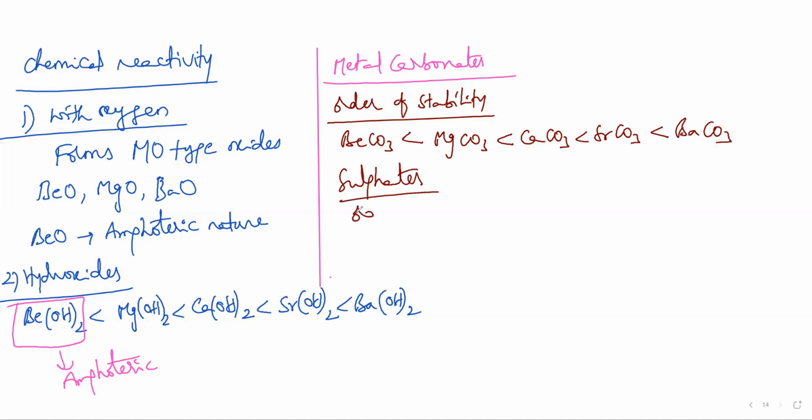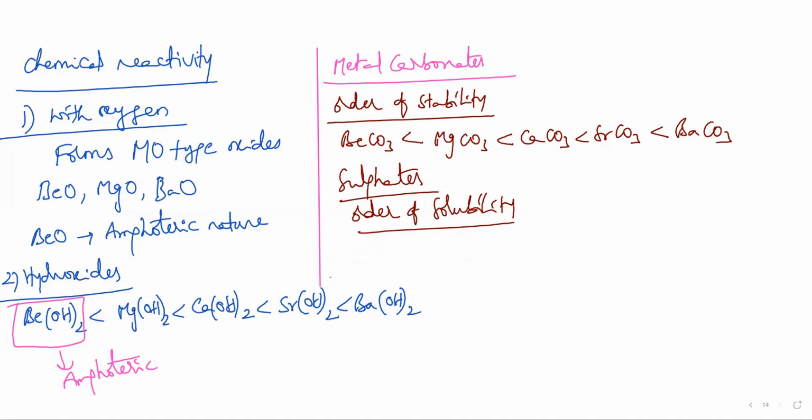Then sulfates. As usual, order of solubility is important. Down the group, solubility increases. So Li2SO4 is less than, these are alkali metals.